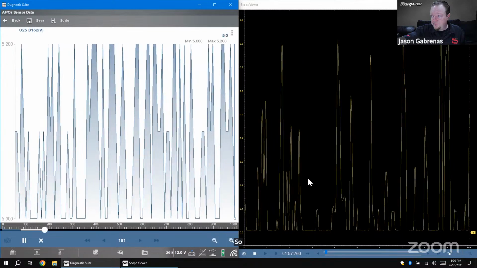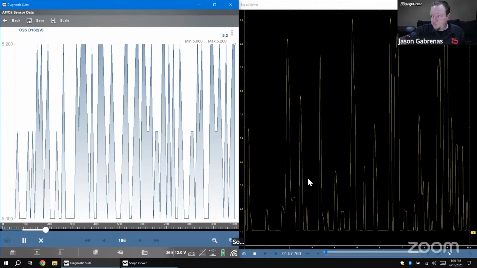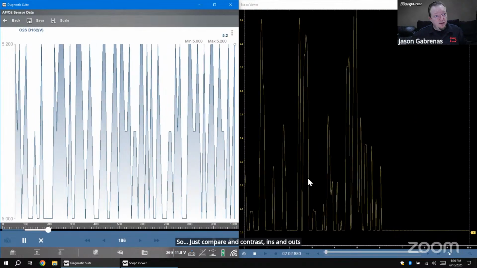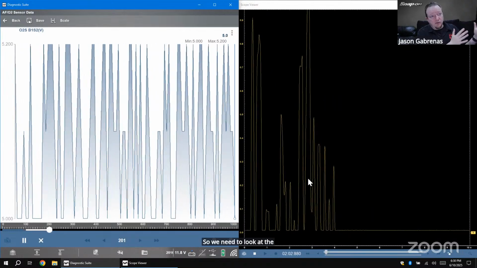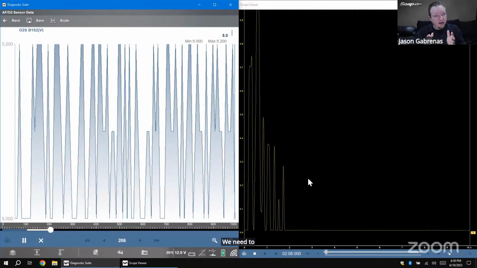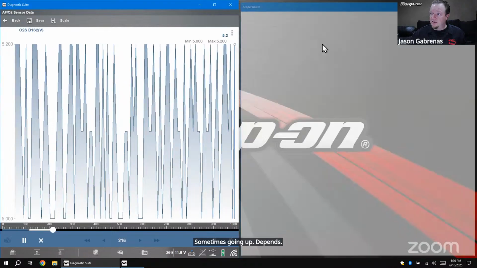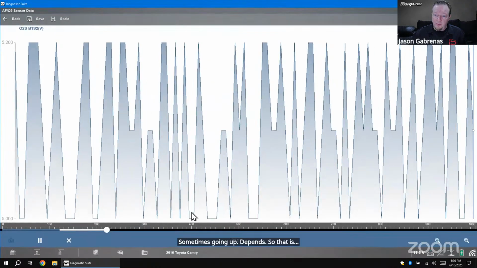So just compare and contrast, ins and outs. That's what we need. So we need to look at the scanner for anything going out. We need to look at the scope for anything going in, sometimes going out. Depends. So that is scanner versus scope.